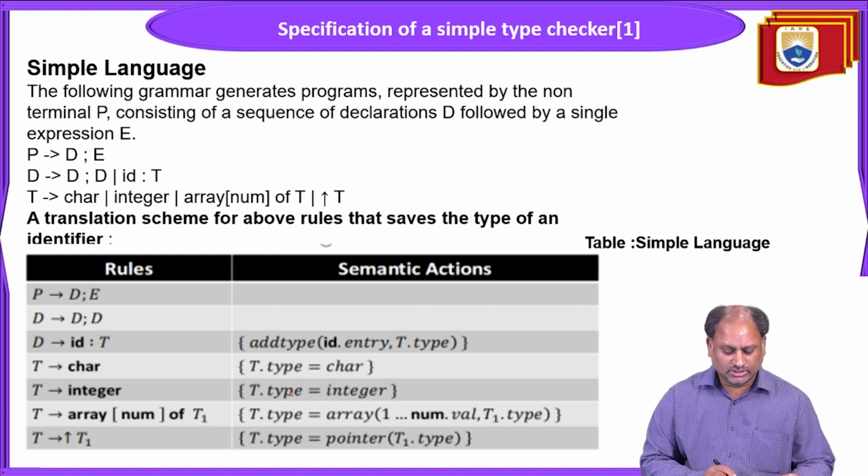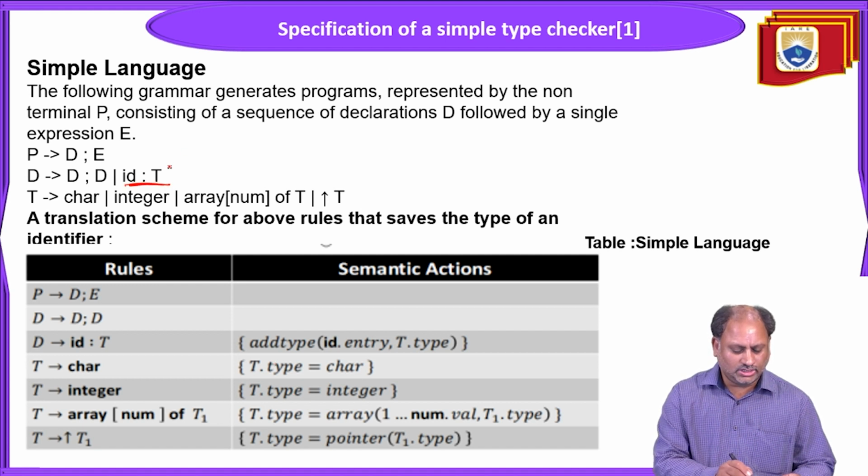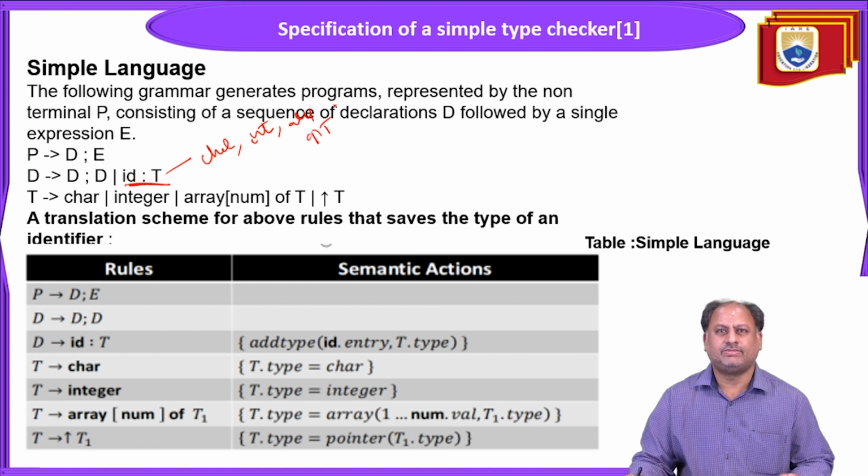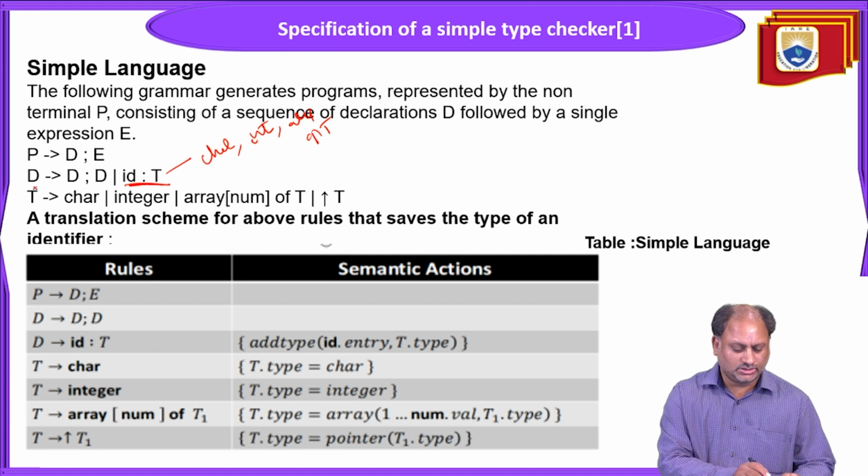Here, what is the type? It is to be determined. Here, identifier T: the type T is of type character, integer, array, or pointer to some type.